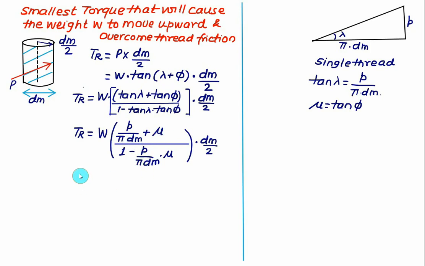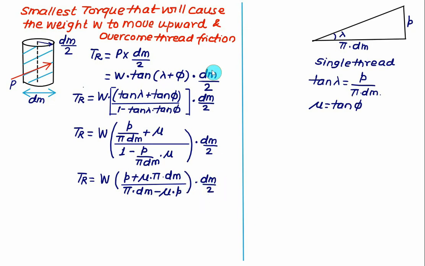So we have a simplified form of the equation of torque to raise the load: W into P plus mu multiplied by pi multiplied by dm, divided by pi multiplied by mean diameter dm minus mu multiplied by pitch P, further multiplied by mean diameter divided by 2.